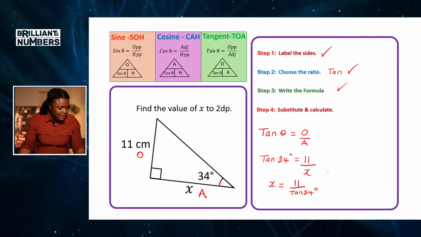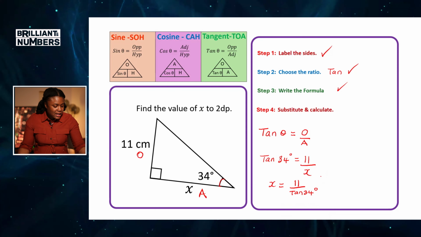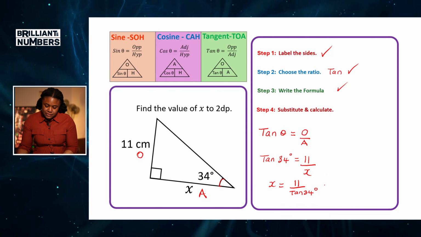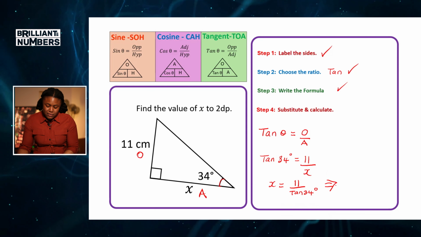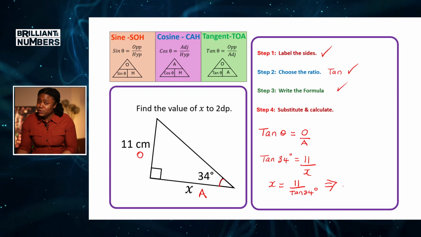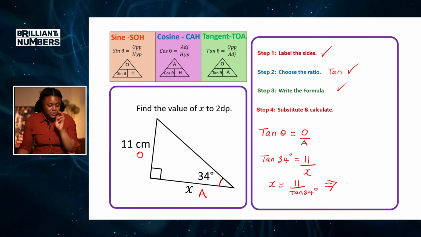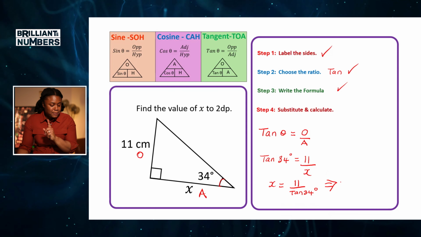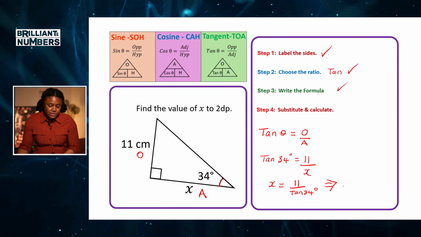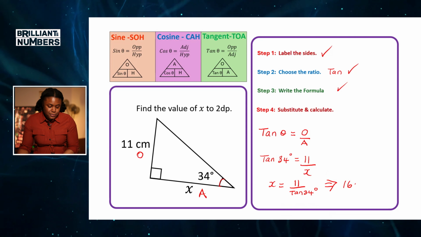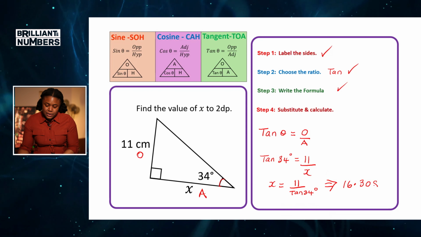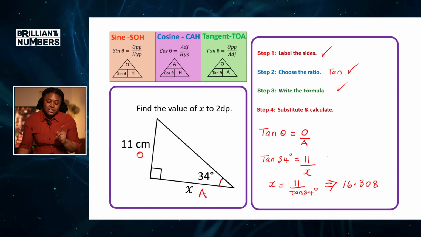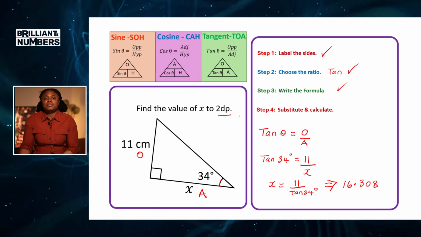I put that in my calculator, and the answer for that, notice I always use arrows, no equal sign, because I cannot have two equal signs in one sum. So then I've got 16.308. The question asked me for 2 decimal places.